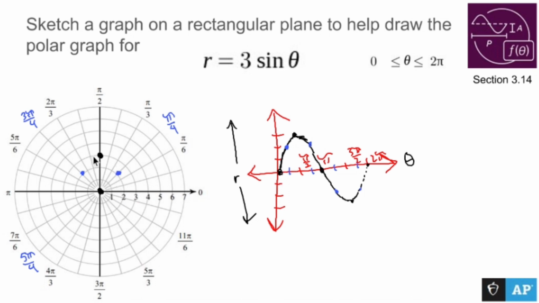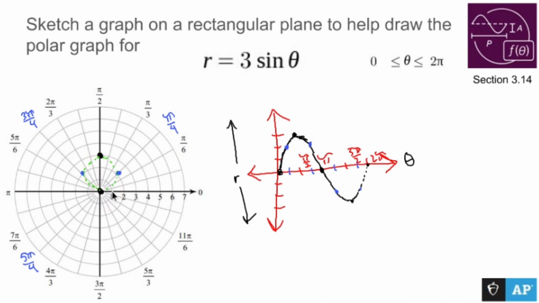It's circling around. As I start at 0, 0, and as theta increases, I get further away from the pole until I hit 3, and then I get closer to the pole as I approach pi. Spinning around this way, I can put these dots around here, and that gives me an idea.